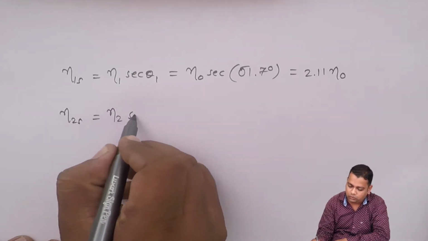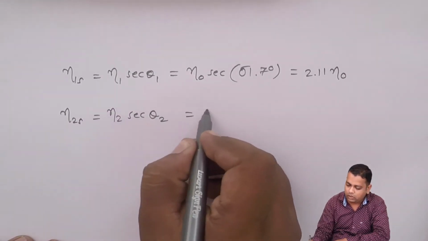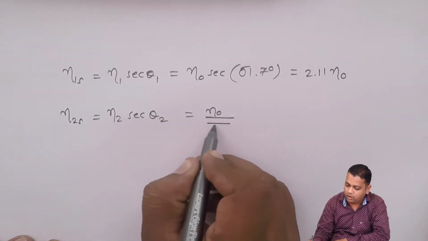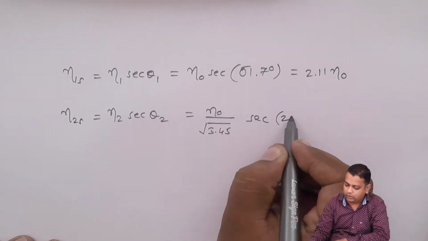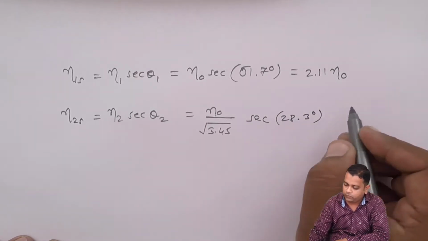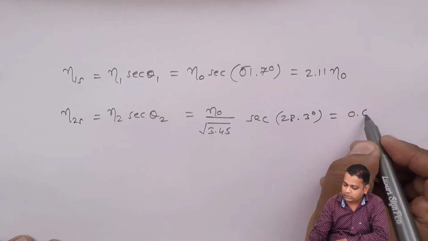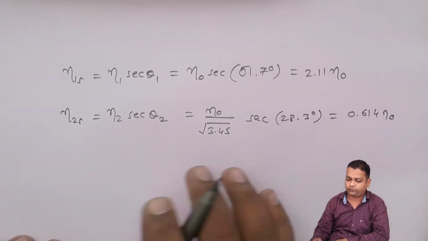and eta 2S for S polarized will be eta 2 into sec theta 2, that is eta 0 divided by under root 3.45, times sec of 28.3 degrees, which is equal to 0.614 eta 0.